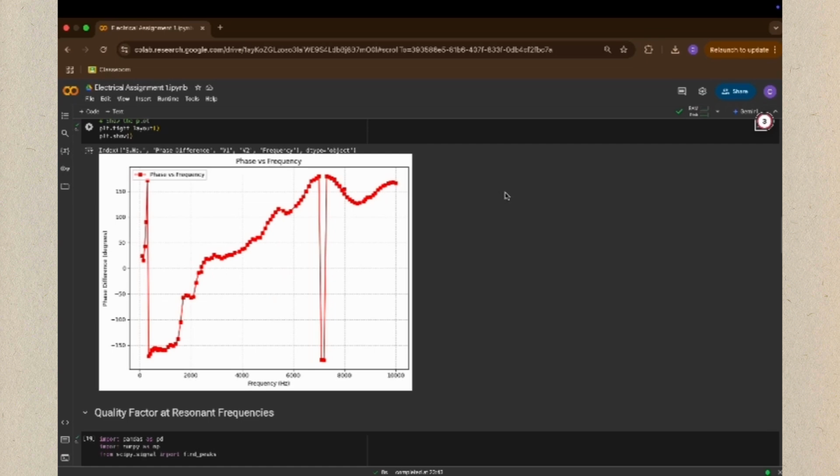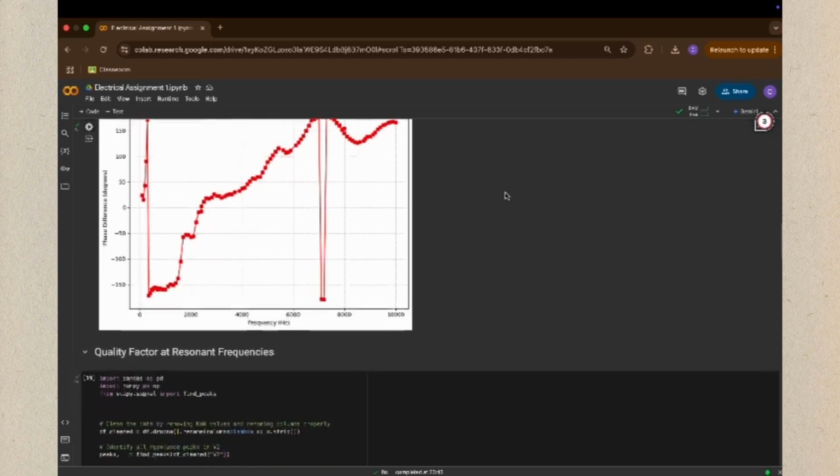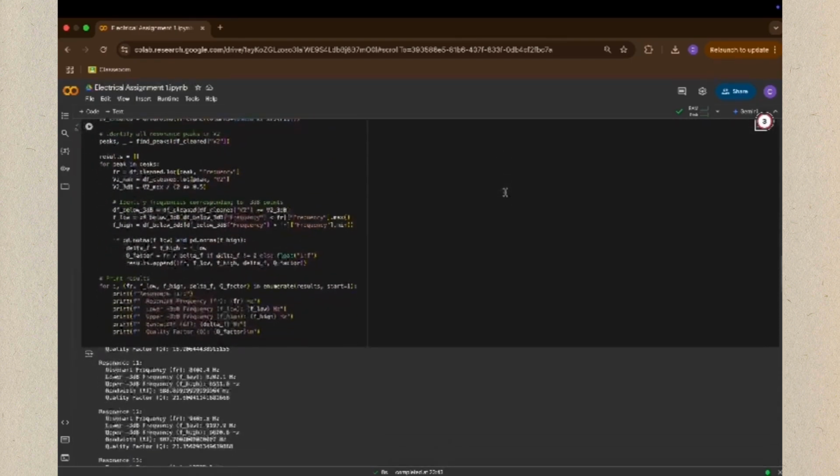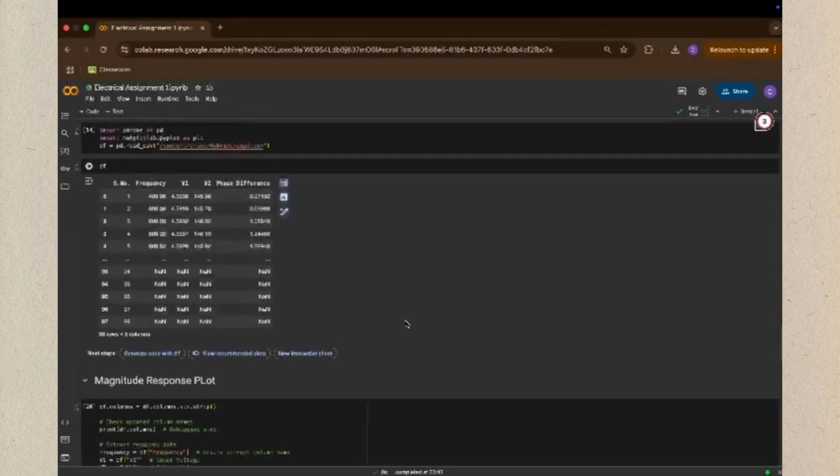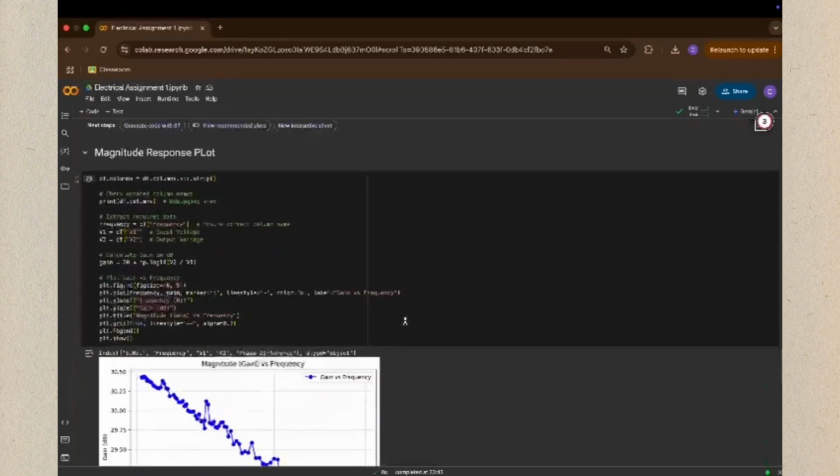For our case, the resonant frequency will be around 100 to 200 Hz. As mentioned in the assignment, we have calculated the quality factor for each resonating frequency.